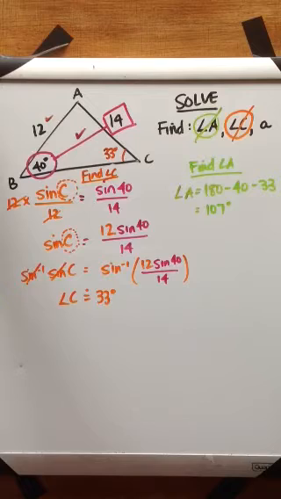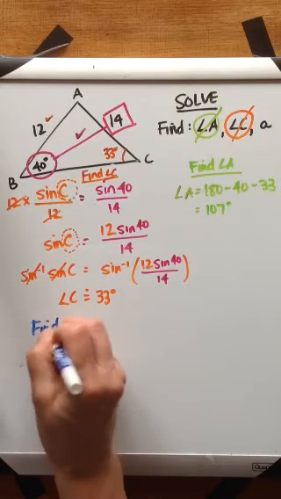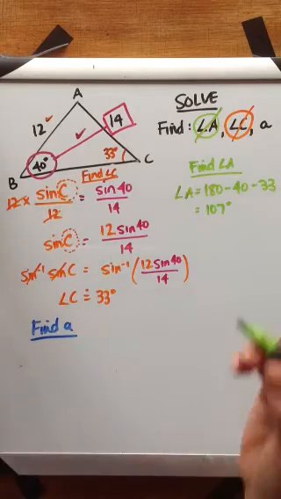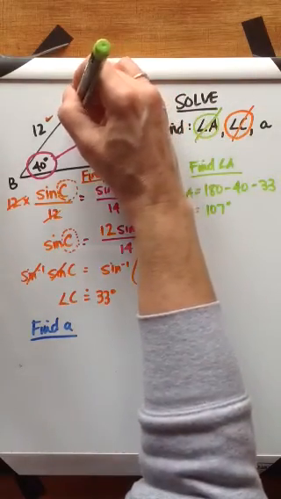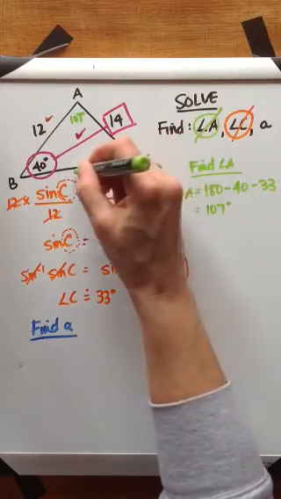So that's done. Last, we need to find little a. I'm going to put it down here. And I like labeling things as I go. So I've got 107 up here for this angle. So little a is over here.